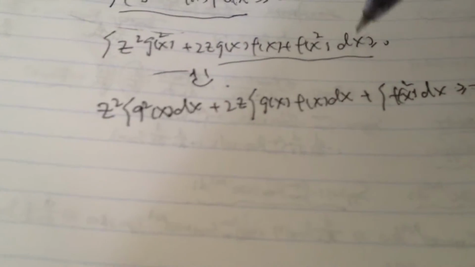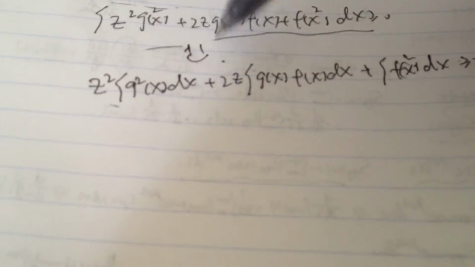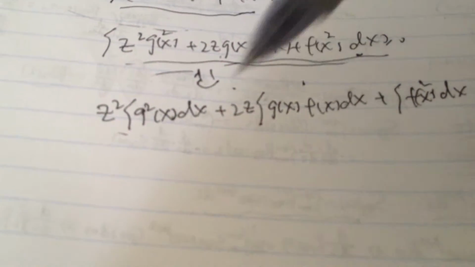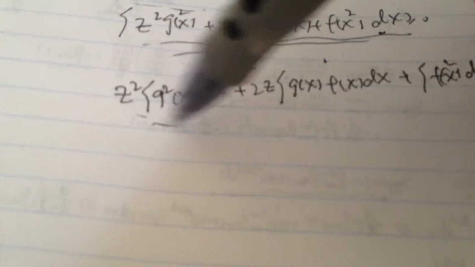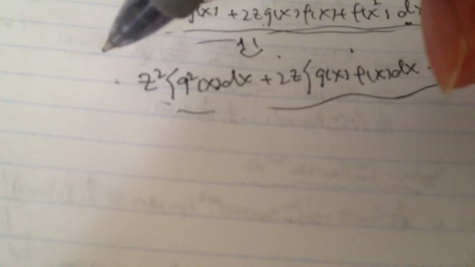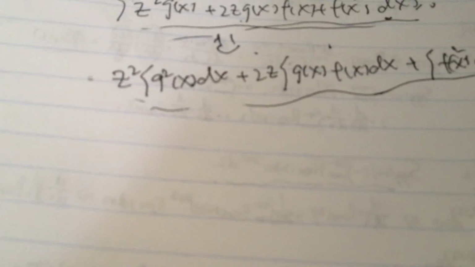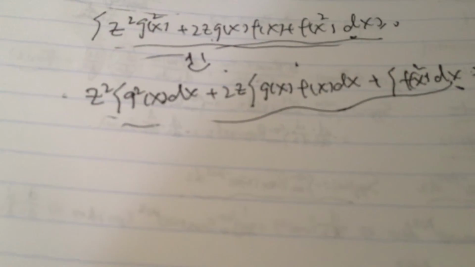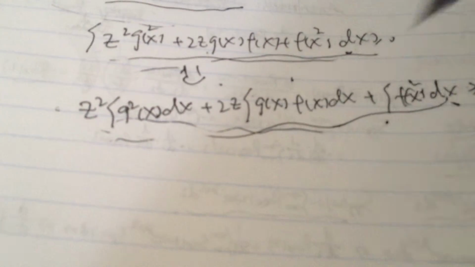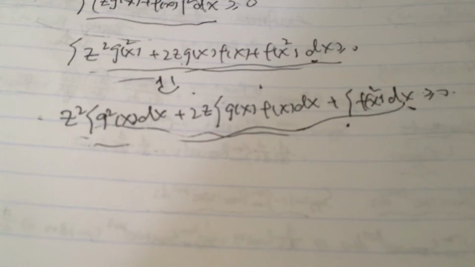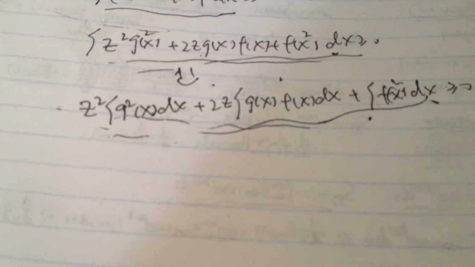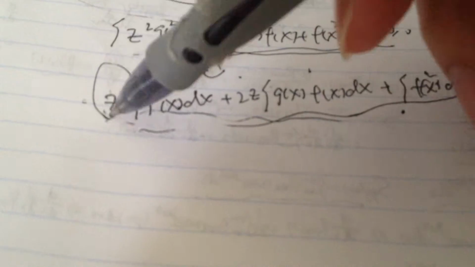So we can rewrite this function into this one, and we can see it as a function of z, which means that we should find the condition which satisfies that this equation is always greater than or equal to 0, no matter what the value of z is.